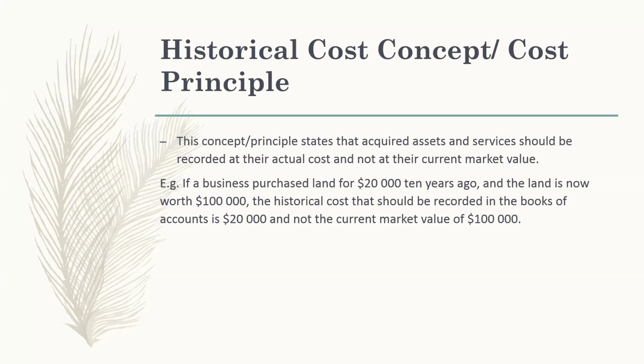If a business purchased land for $20,000 10 years ago, and the land is now worth, let's say, $100,000, the historical cost that should be recorded in the books of accounts is $20,000 and not the current market value of $100,000. So we need to recognize this concept in accounting.